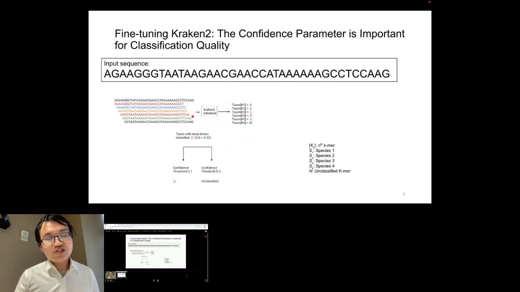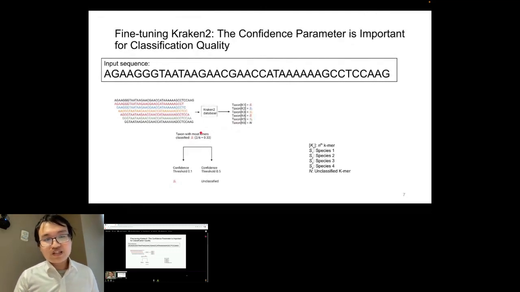The classification score for species one in this input sequence is calculated by dividing the number of k-mers that got mapped to species one, which is two, over all of the possible k-mers, that is six. So 2 over 6 is 0.33.